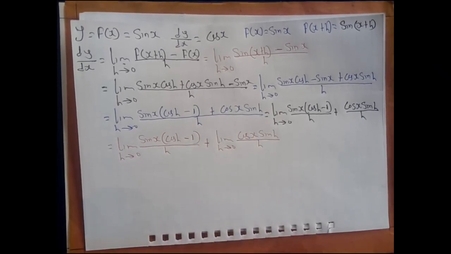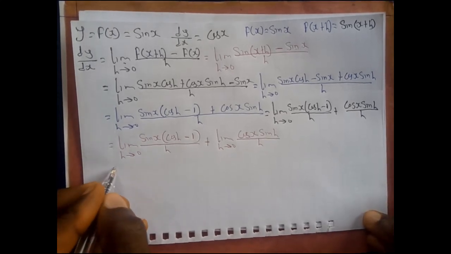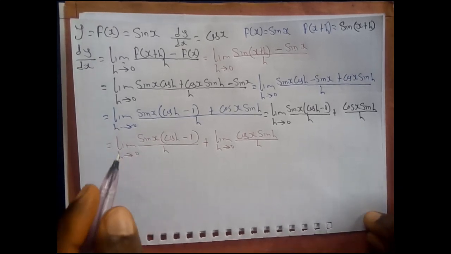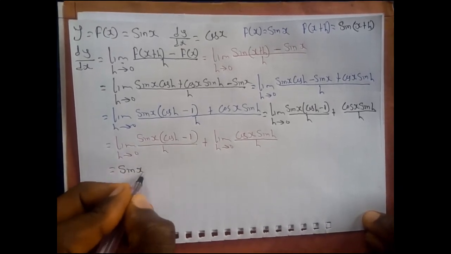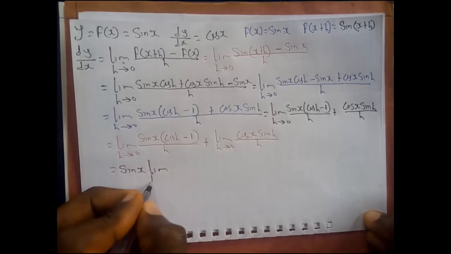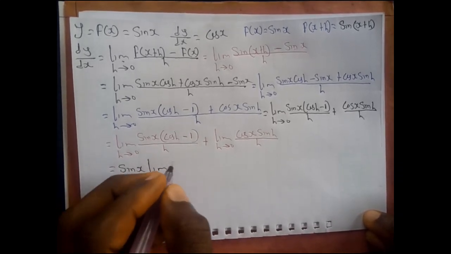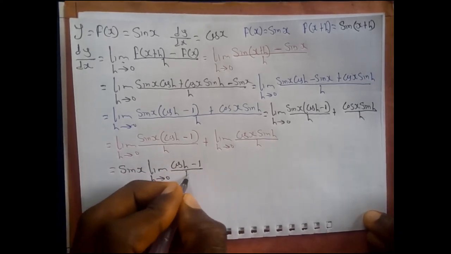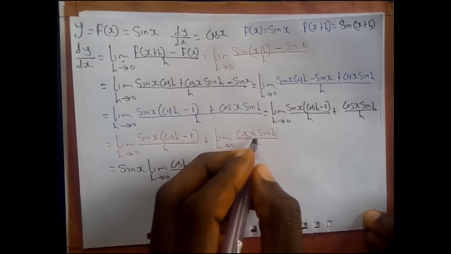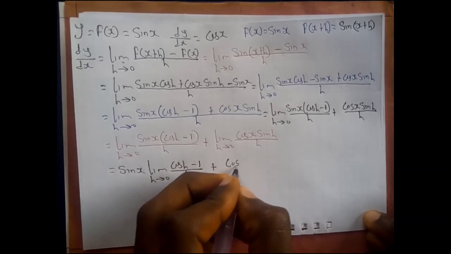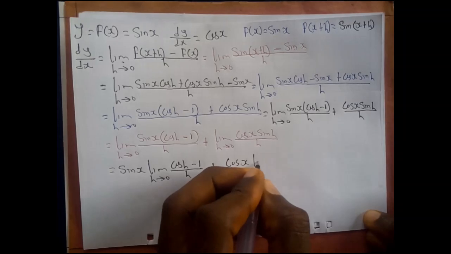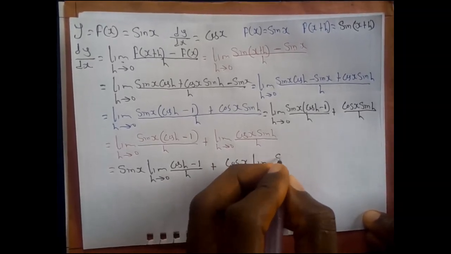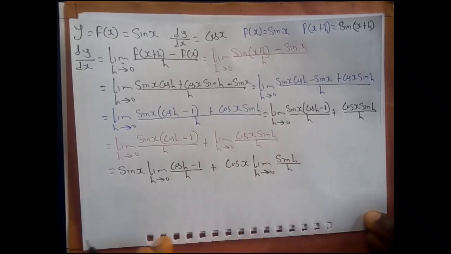We can take it out of the limit, and therefore we have sine x times the limit as h approaches 0 of cos h minus 1 all divided by h, plus cos x times the limit as h approaches 0 of sine h over h.